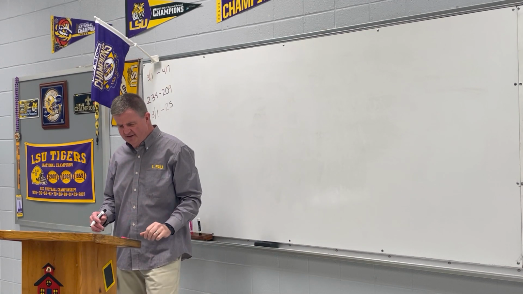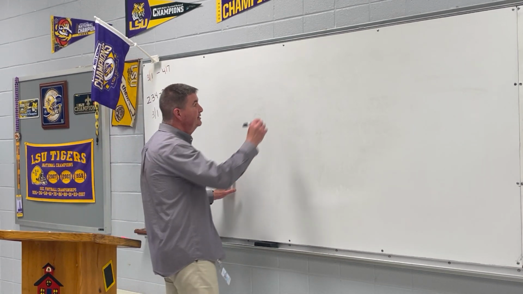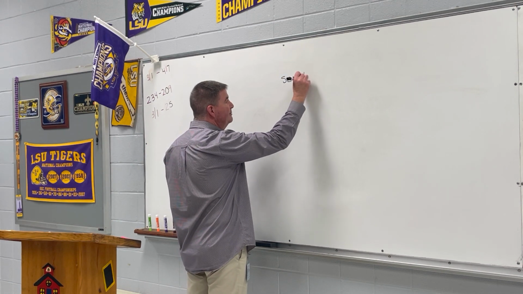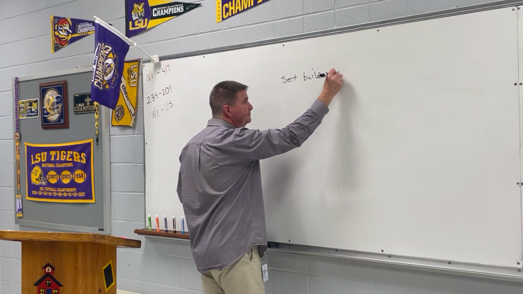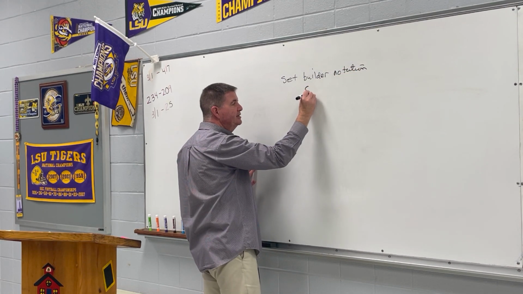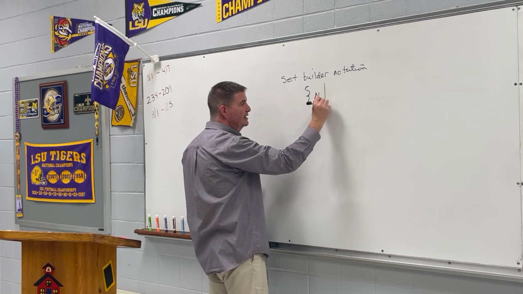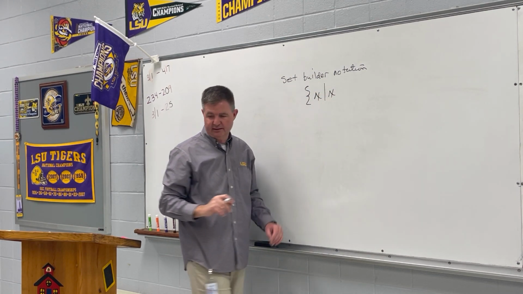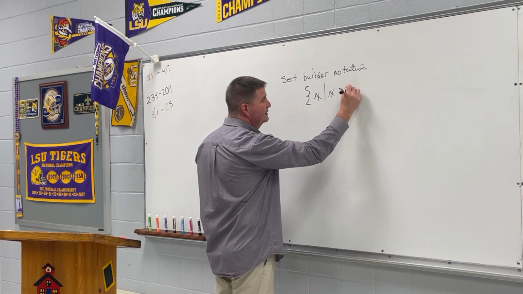So one thing that we have is something called set builder notation. In set builder notation, there's a bracket and an X and a line and an X. And we may have something like this.